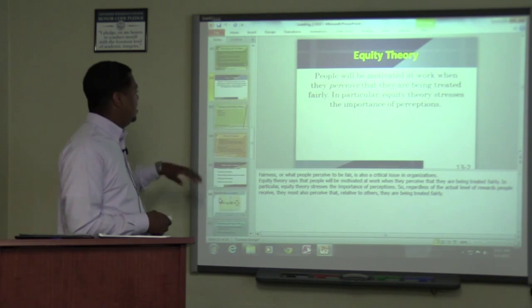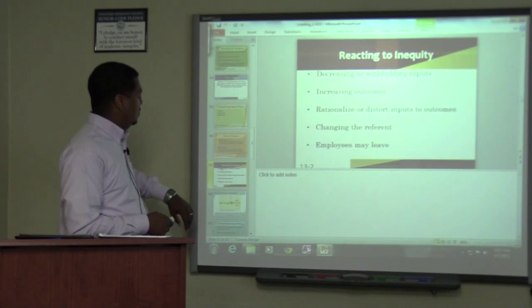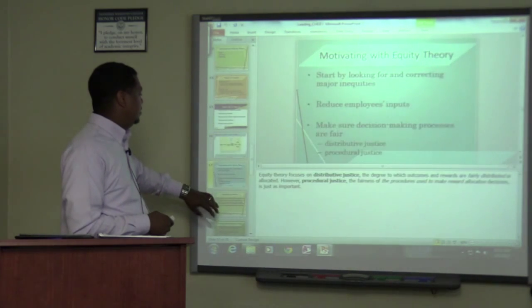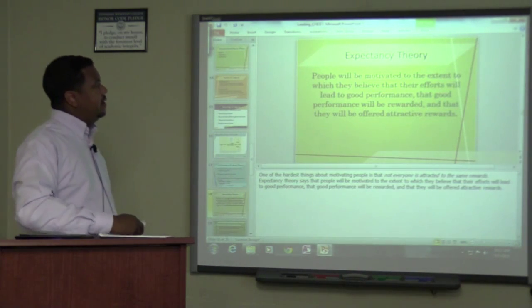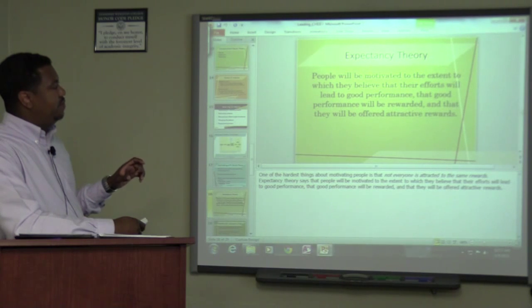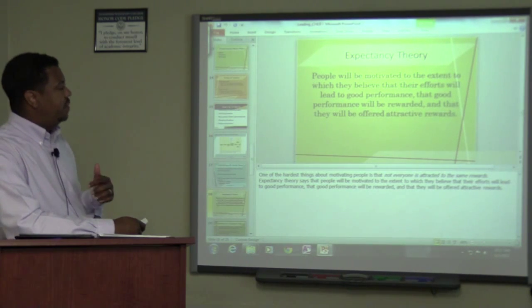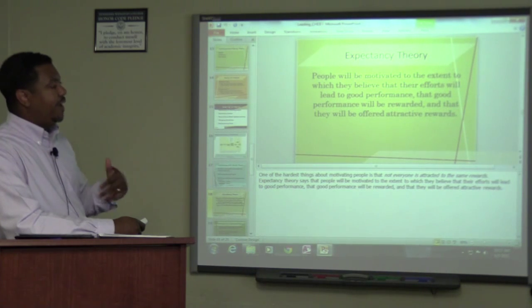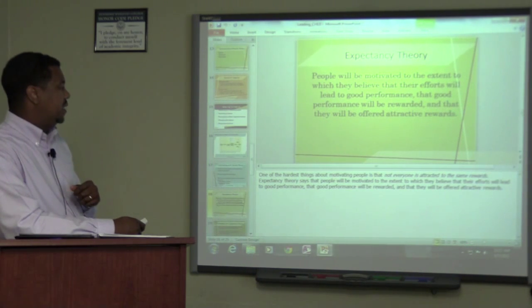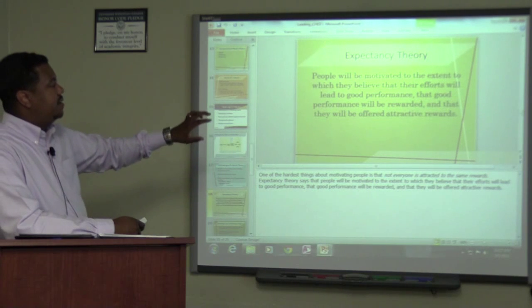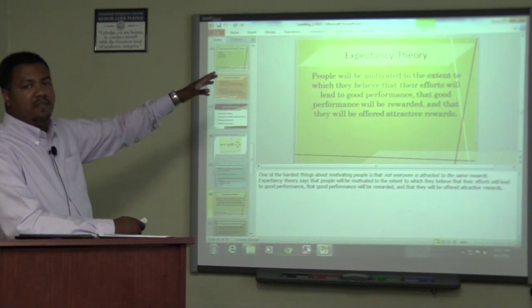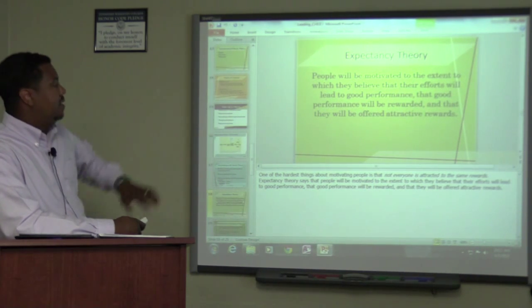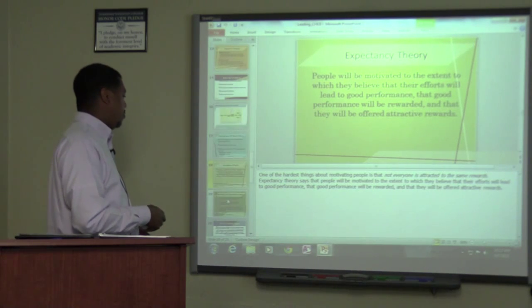We can also see the importance of expectancy theory, in which people expect some type of good reward, good performance, as a result of all the efforts they put forth within the organization. So we have to make sure we have a clear way to identify what our employees are expecting from their efforts within our organization.